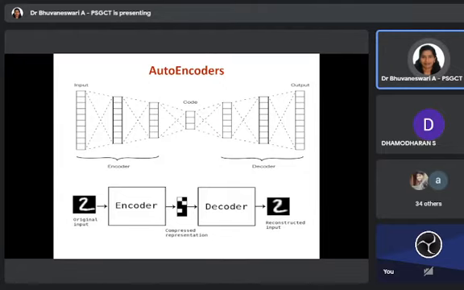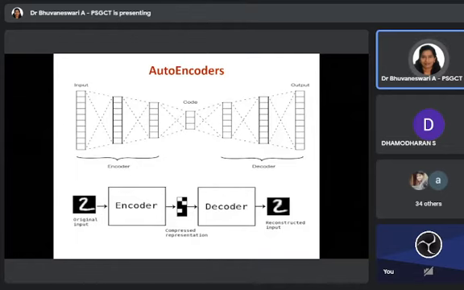Okay, so next is the autoencoders. Autoencoders are not a model. However, autoencoders are like encrypting and decrypting the data. From the input, at each level of hidden layer, the data will be encoded, and it meets the central output process.